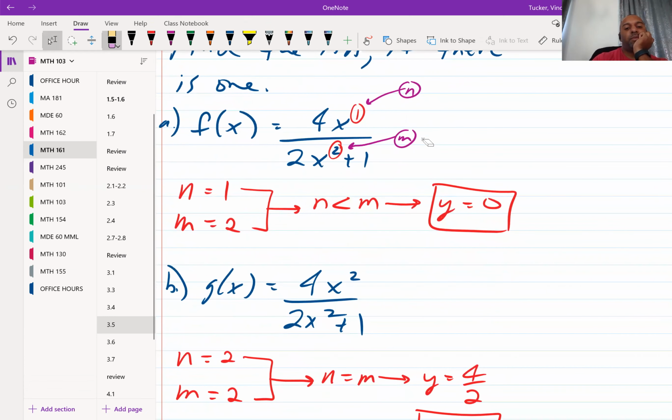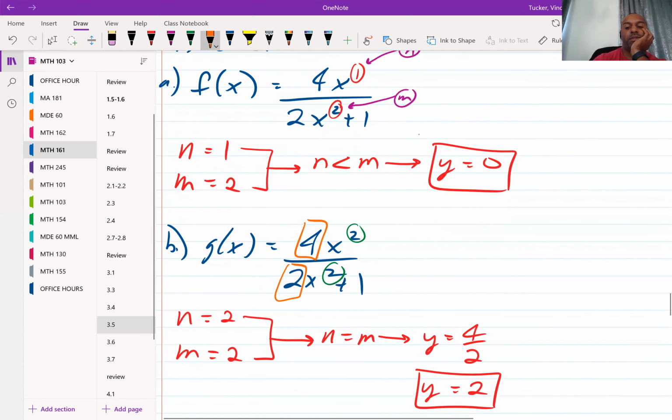All right, the next one, we have 4x squared over 2x squared plus 1. Our exponents are the same. So if your exponents are the same and you take the coefficient, that's the number sitting in front of your variable of each one. That'll be 4 over 2. And simplify if possible.